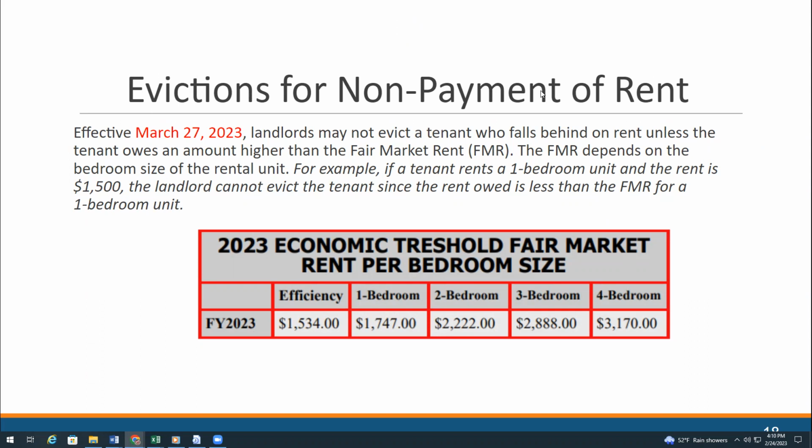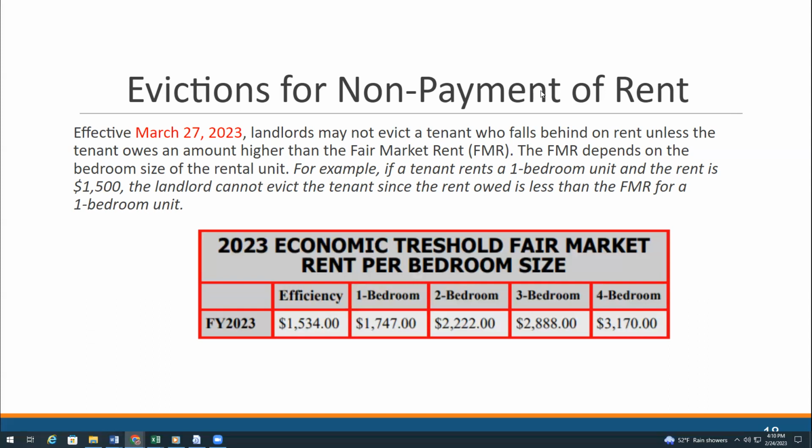This again is also a new law that's effective March 27th, 2023, where landlords may not evict a tenant who falls behind on rent unless the tenant owes an amount higher than the fair market rent. So there's a threshold.